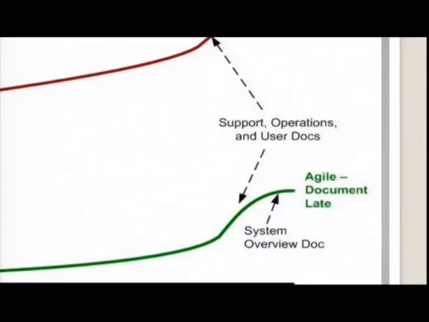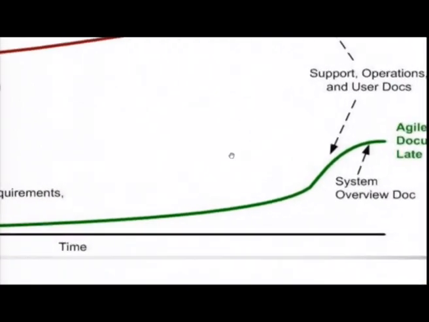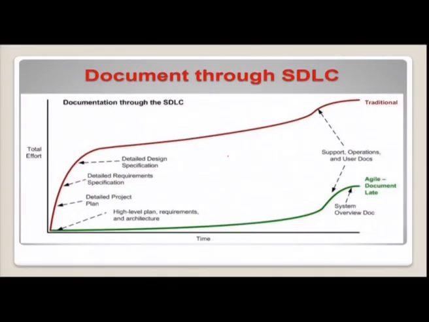After the software gets delivered to the user, the manual only reflects what has been done. So after creating the system overview documentation only, we go in for the user documentation. This is the major difference between a traditional documentation model and the agile documentation model.